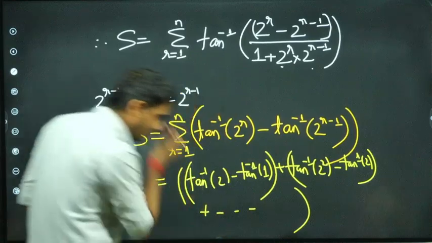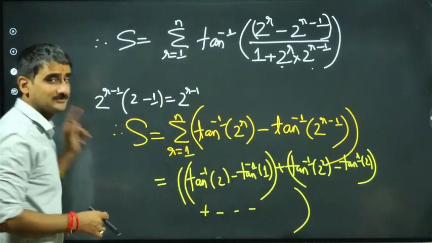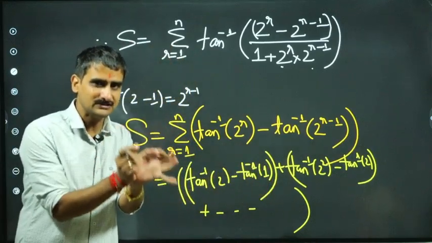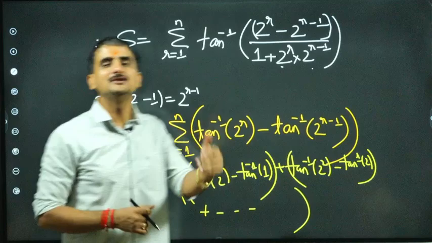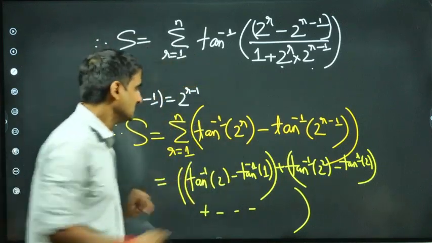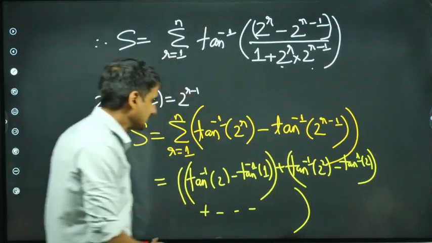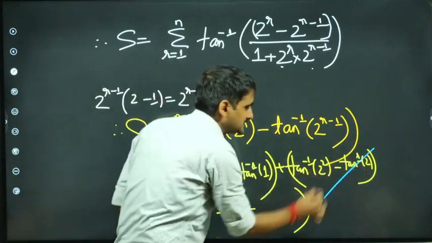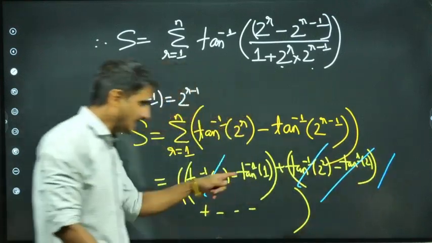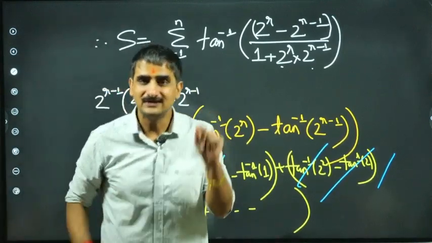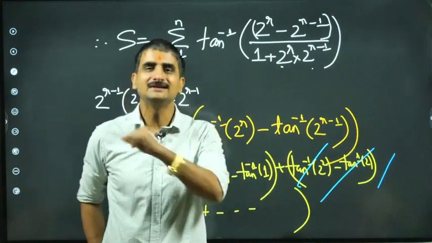Even if we don't write it, because this is, I think, the third question we are doing using this method where we rewrote the general term as the difference of two consecutive terms, we now know what we are going to get. The first term that gets cancelled is tan inverse of 2, so the rest of the terms will get cancelled, because tan inverse 1 can't get cancelled. We are left with one term in the beginning, and that is a negative term.